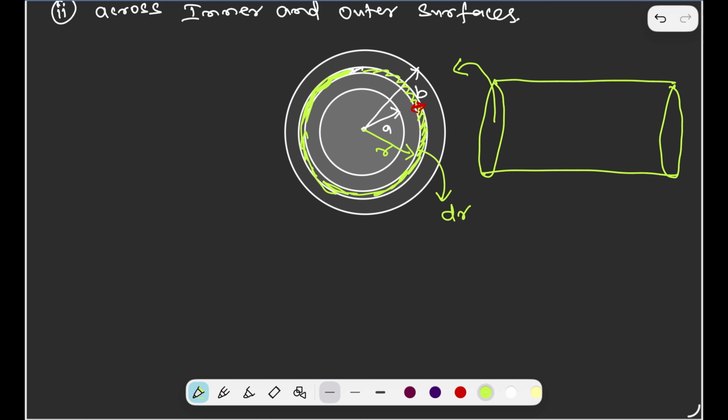Now write what is the new resistance, the resistance of this elemental cylinder.